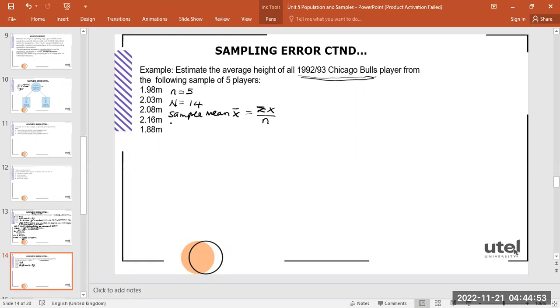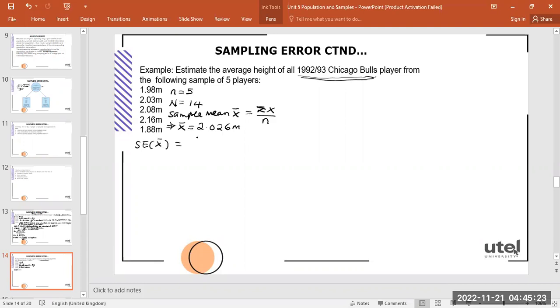So if you do the maths, you also have x bar equal to 2.026 meters as before. Now, in this case also, how confident are we that the population mean of basketballers is 2.026? We do that by calculating our standard error, and we calculate our standard error in this case using this formula for a finite population.